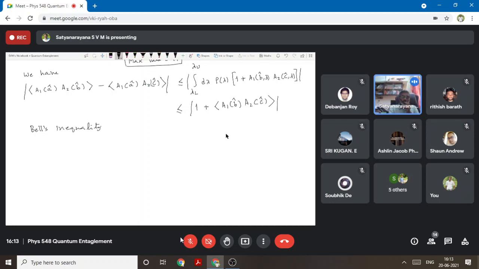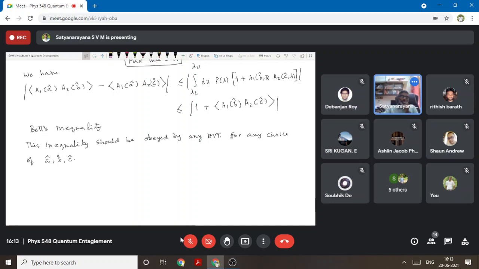This inequality should be satisfied, should be obeyed by any hidden variable theory for any choice of A cap, B cap, C cap.